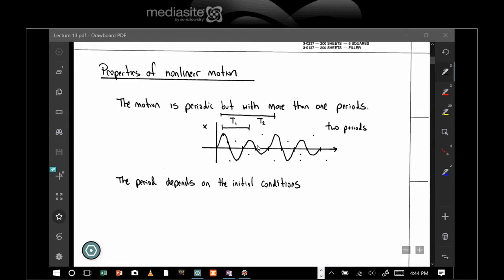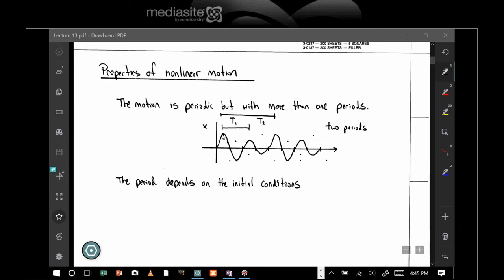Now, let's talk a little bit about properties of nonlinear motion. There's a few, and I just wrote two of them here. One thing that's associated with nonlinear motion is that the motion can be periodic, meaning it repeats. But you may have one period, or you might even have multiple periods. Here I sketched a multiple period.